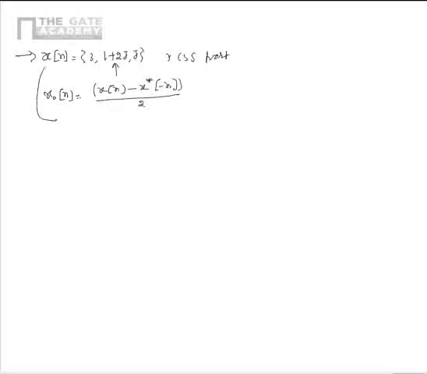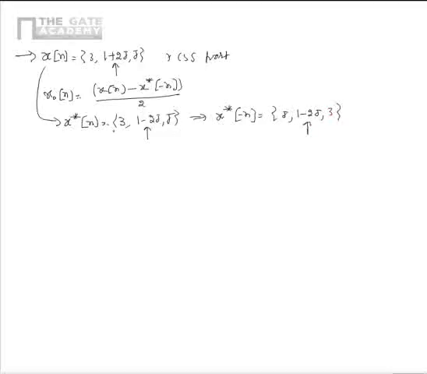From the given x of n, we can find x star of n, that is conjugate of x of n, as 3 comma 1 minus 2j comma j, and from this x star of minus n can be written as j comma 1 minus 2j comma 3.